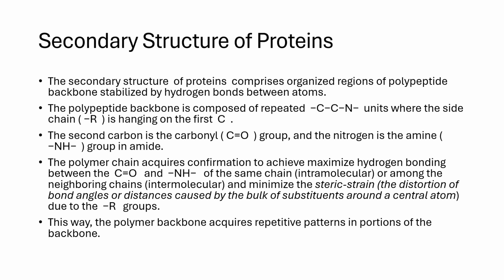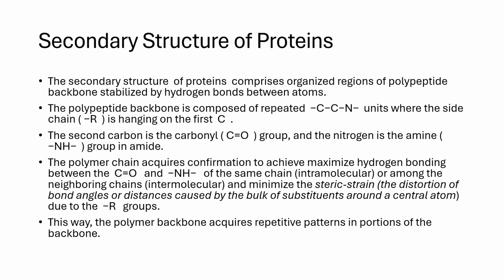Right, so secondary structure of proteins comprises organized regions of polypeptide backbone stabilized by hydrogen bonds between the atoms. The polypeptide backbone is composed of repeated CCN units. The second carbon is the carbonyl group and the nitrogen is the amine. The polymer chain acquires conformation to achieve maximum hydrogen bonding.